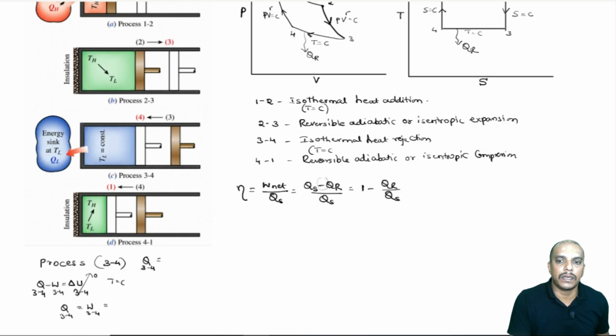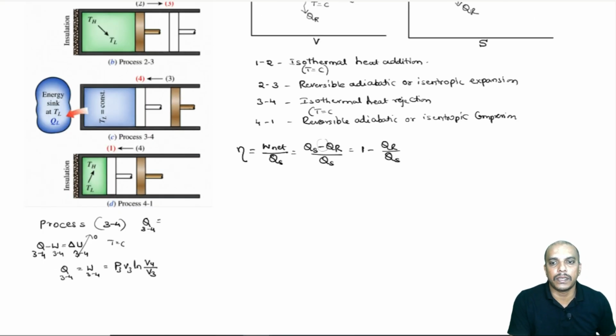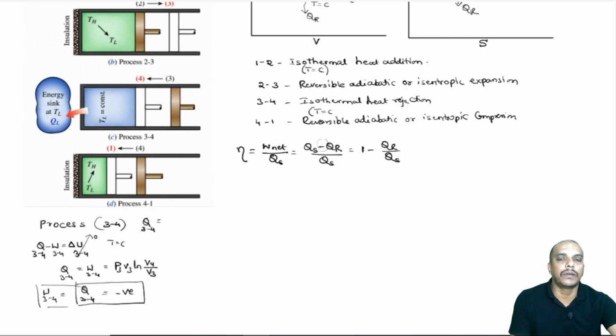Now, what will be the W equation for a constant temperature process? P3 V3 ln of V4 by V3. Now, this is very important, many students make a mistake here. This Q3 to 4 will be negative obviously because our W3 to 4 will be negative, because we are talking about a curve where we are coming from right to left.